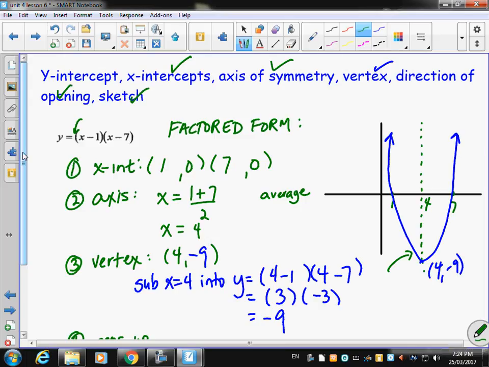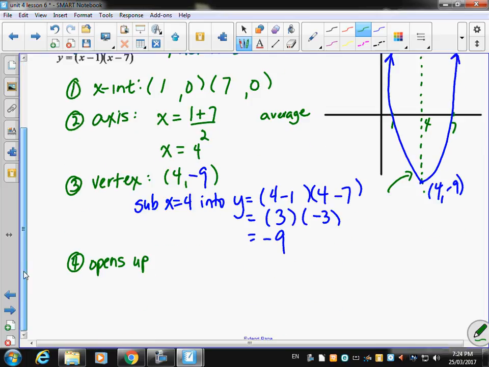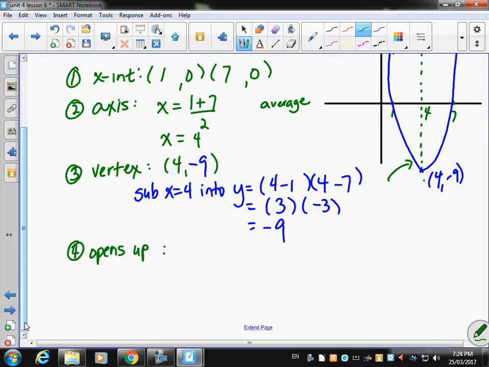And lastly, the y-intercept. Number 5, y-intercept. I know it comes easily from standard form.